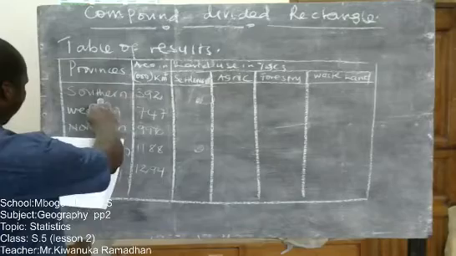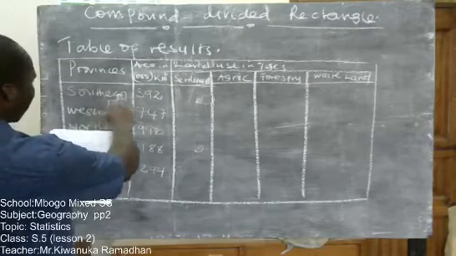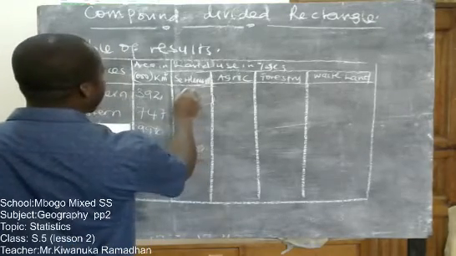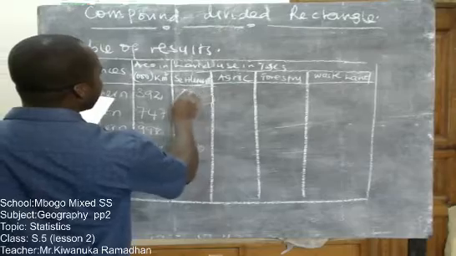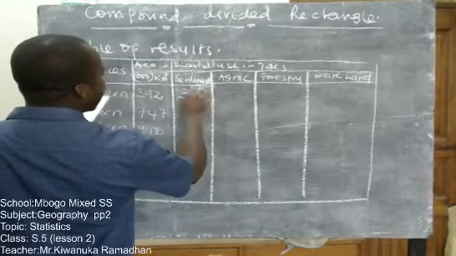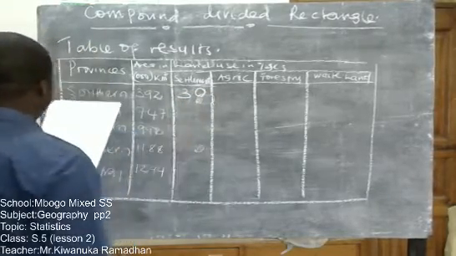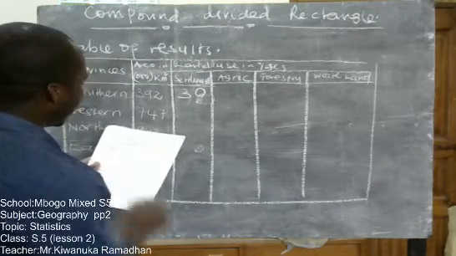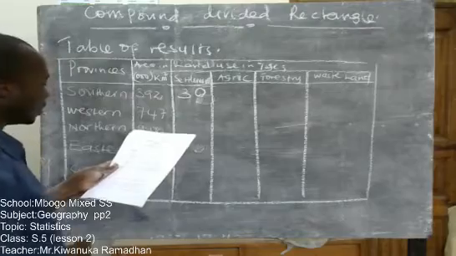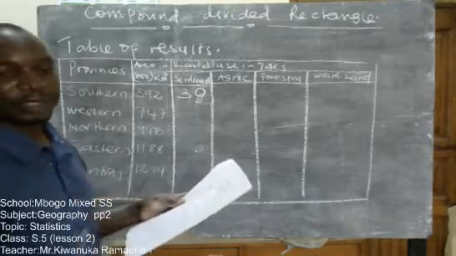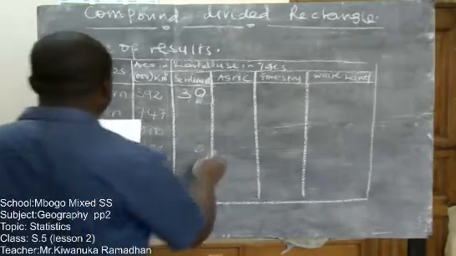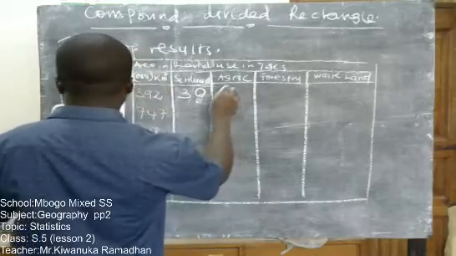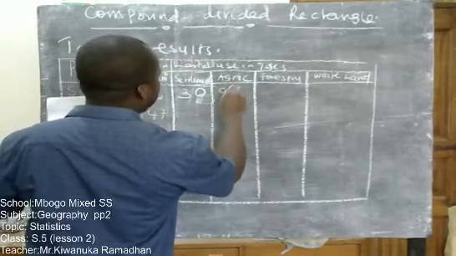So we go to southern. Settlement is 30. When you add the 30 plus 63, what do you get? We are getting 93.